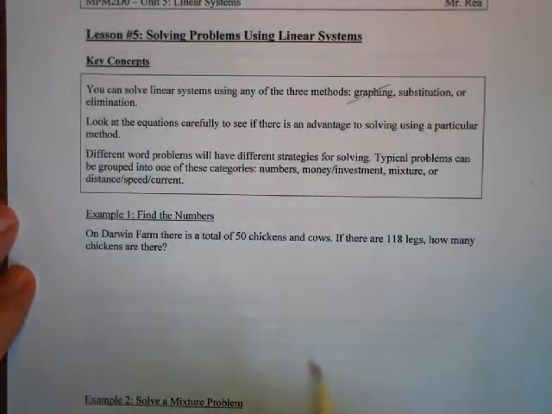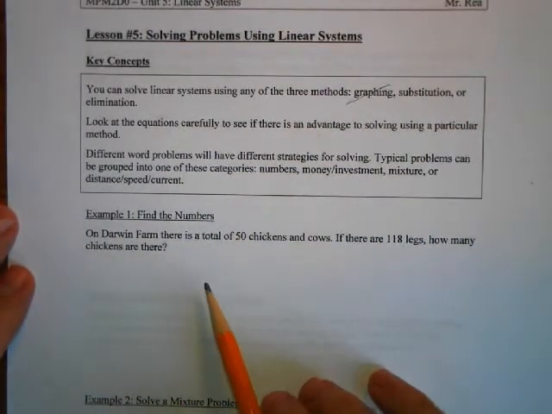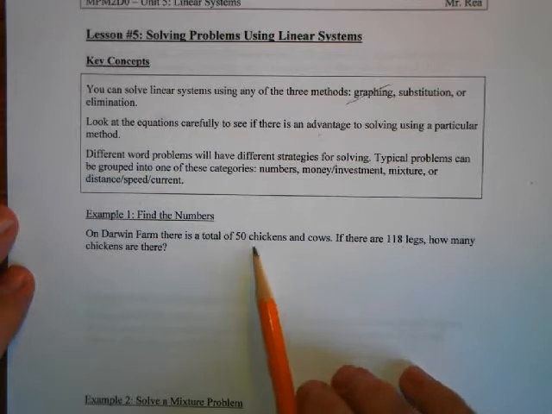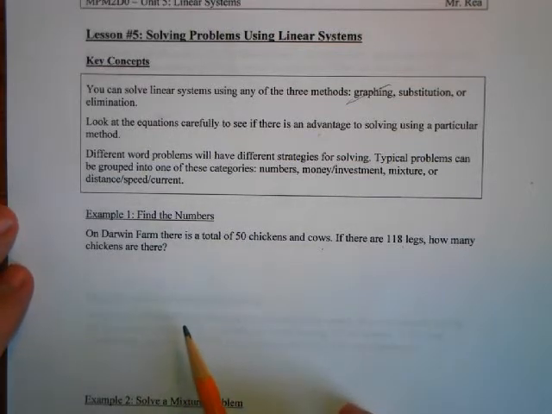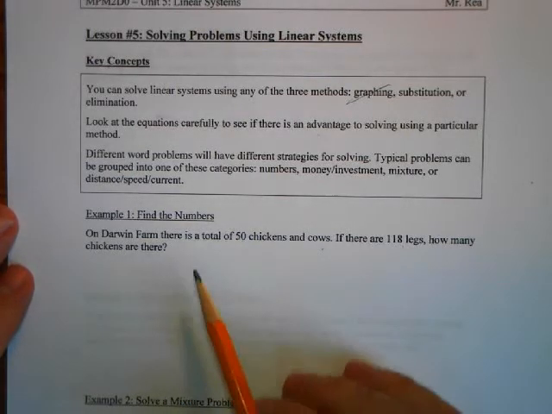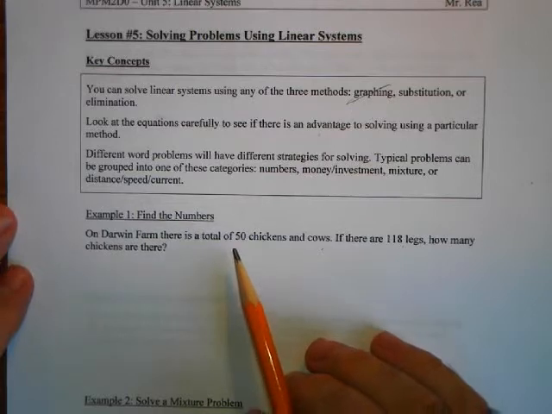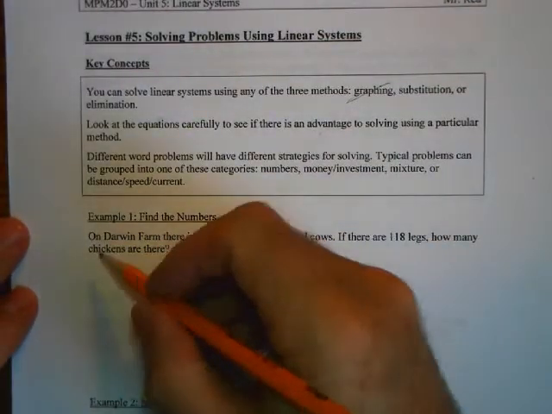Okay, so if you look at this, there really are 2 unknowns. There's how many chickens there are, and how many cows there are. So before I even think about creating a linear system, I'm going to define 2 variables that represent those unknowns.